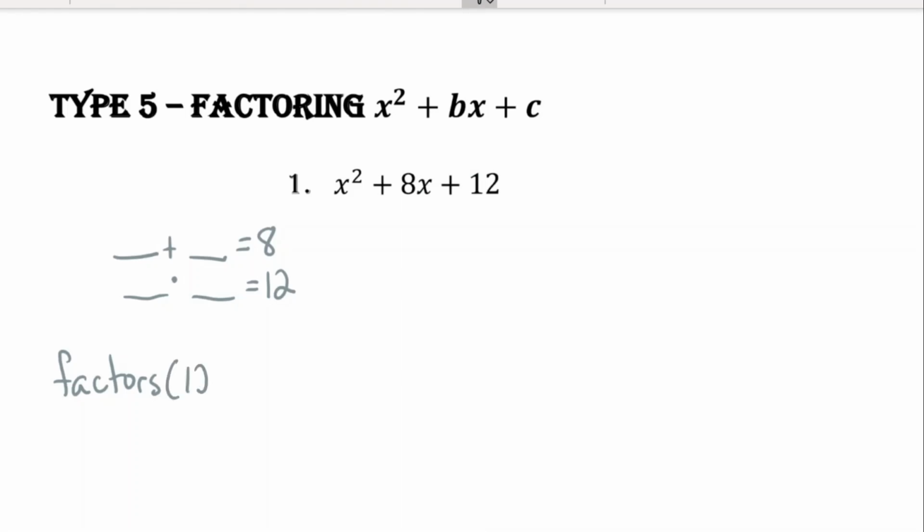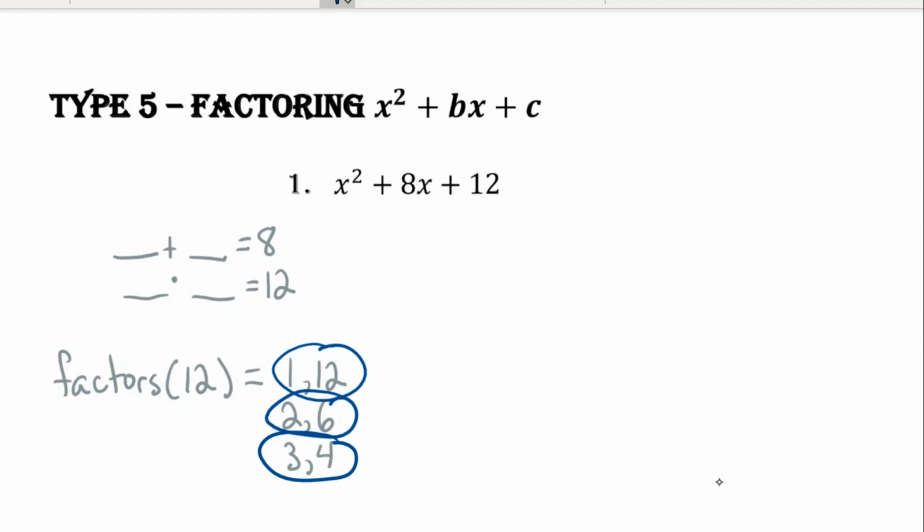So the factors of 12 are, 1 times 12 gives you 12, keep going up, 2 works, so 2 times 6 gives me 12. Let's go up again, 3 times 4 gives me 12, and that's it. So one of these 3 possibilities is going to satisfy the condition.